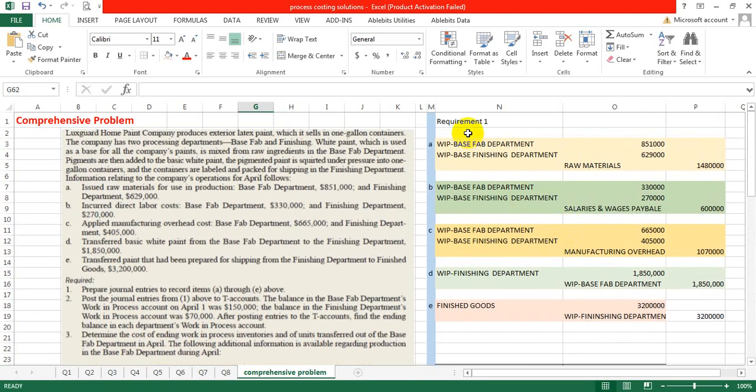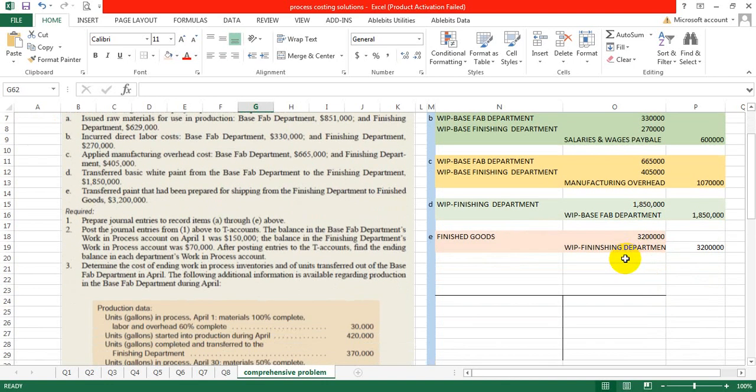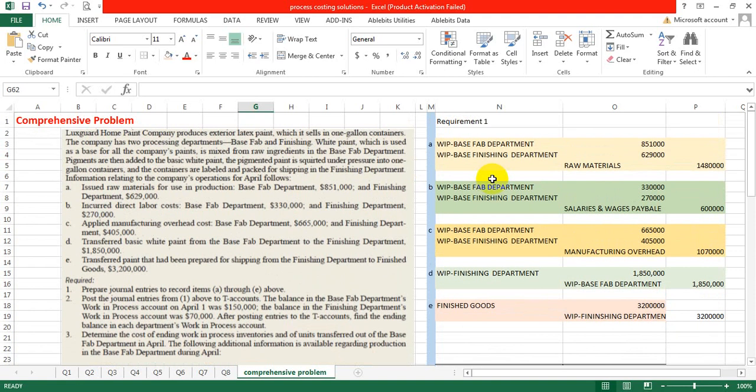See here, in transaction A, 6,29,000 is debited. Base fab finishing department 2,70,000, base finishing 4,05,000. Okay, WIP base fab department and finishing department. Base is not here, finishing department, right?